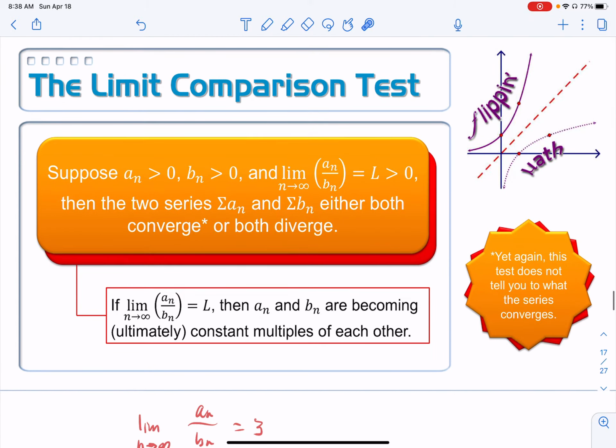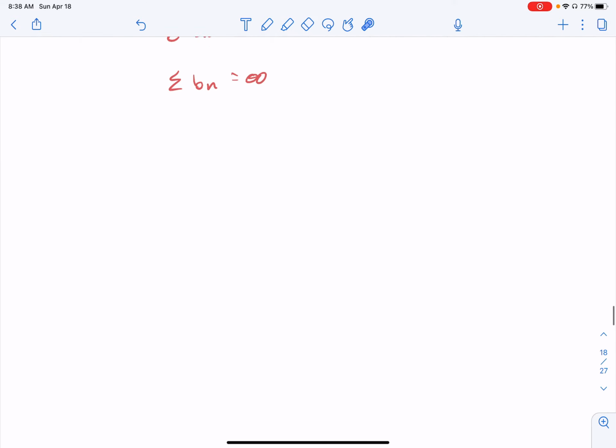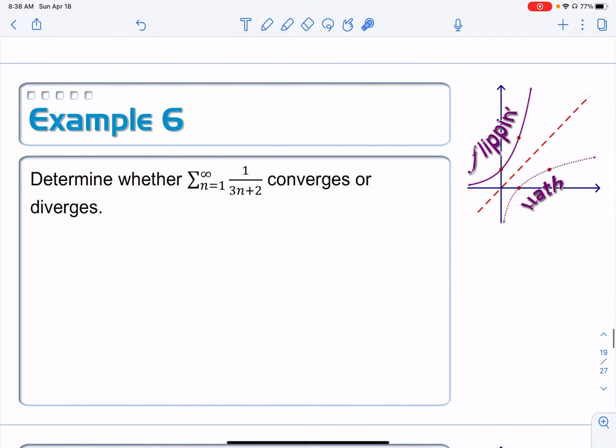Again, we still need to find a series to compare it to favorably, whether it converges or diverges. So let's try that on example 6, which is the previous example that we couldn't establish with a direct comparison test.